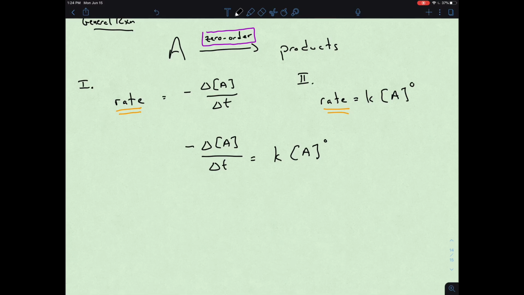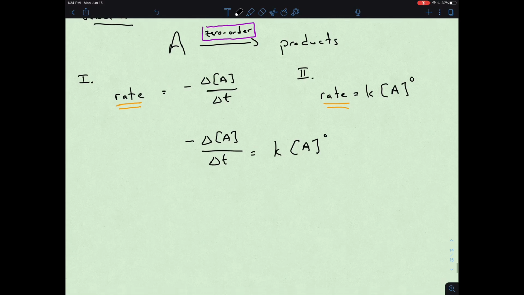If we rearrange that a little bit, if I take over my negative sign and my denominator, right, I would have negative k times the concentration of A to the 0 power, times then our delta t, or our change in time.